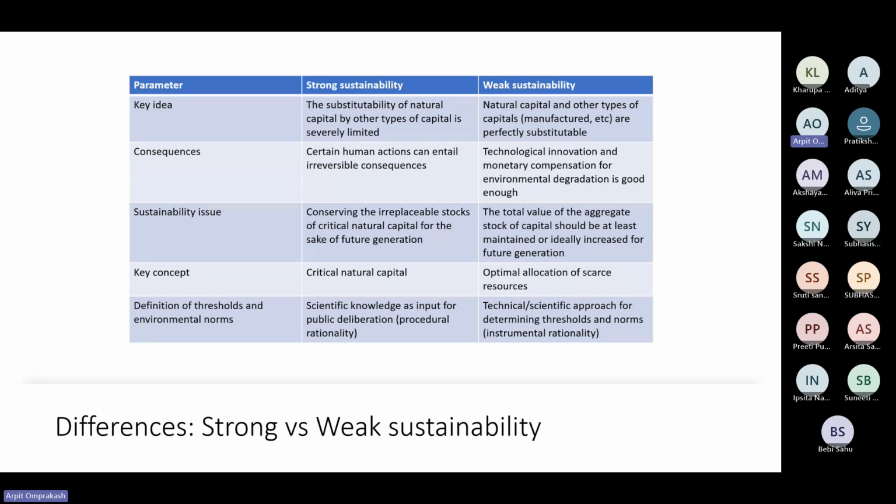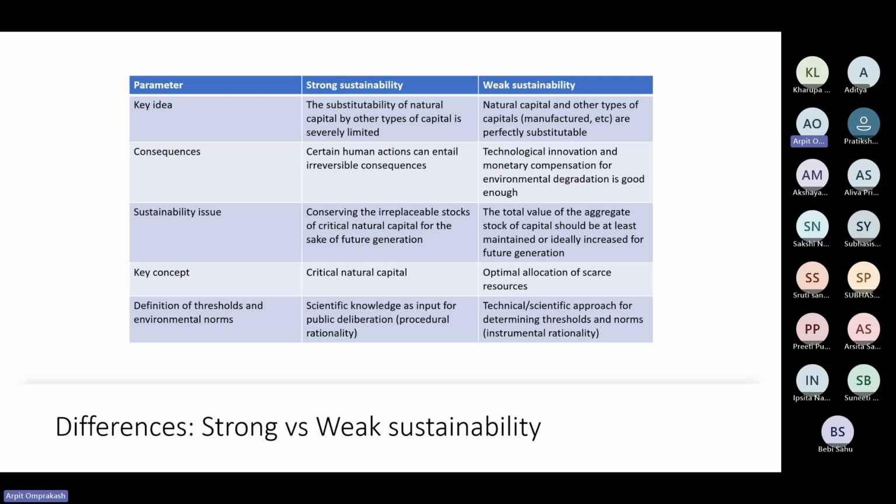Then the last thing is how they define thresholds and environmental norms. Strong sustainability says that scientific knowledge should be used as an input for public deliberation. So scientific knowledge should be used to deal with sustainability issues and figure out work plans for sustainability. Whereas weak sustainability says that a technical or scientific approach to determining the thresholds and norms is enough.